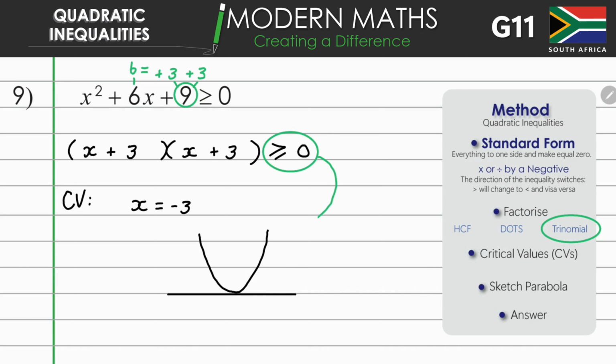My critical value is at negative 3, and I want to know where this parabola is above 0. It's above 0 and equal to 0 everywhere. Everywhere, no matter what I put into x. So if that's the case, it's literally everything. x can be anything you want it to be. And how we say that mathematically? x is an element of real numbers.